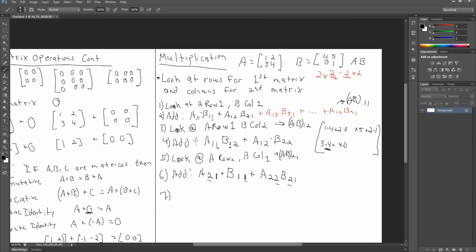Then we would look at A, row 2, B, column 2. So this is going to give me A, B, row 2, column 2. So my outside numbers are always going to be 2 and 2.